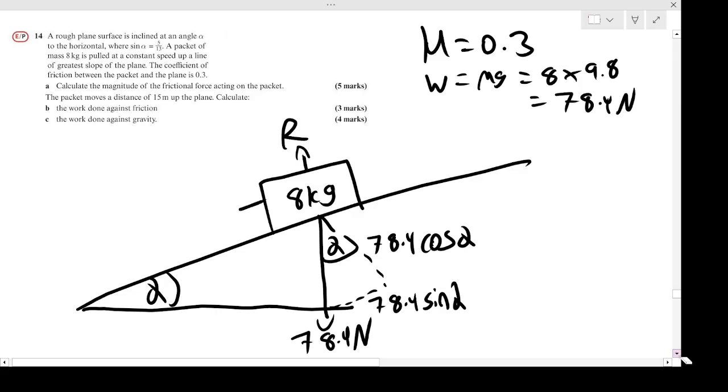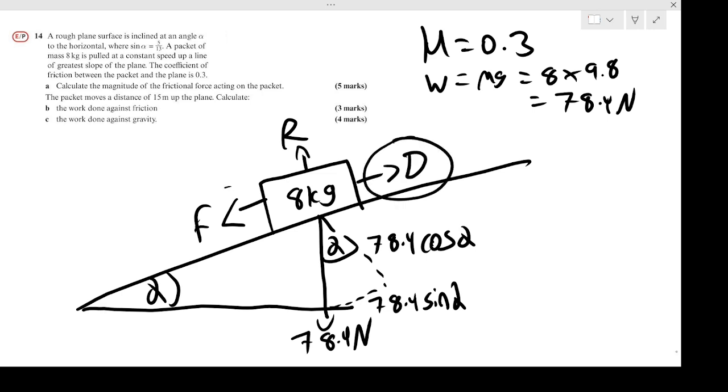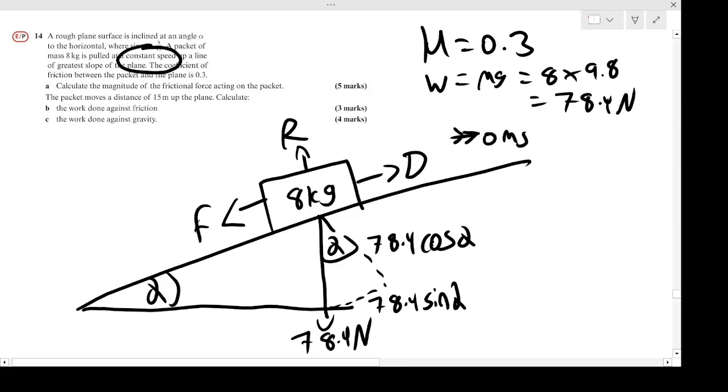That means the friction force is going to act down it, the opposite way. And it's being pulled up, so there's going to be a driving force pulling it up in this way. Those are all my forces. Now the acceleration, again, it's constant speed, so once again, that means the acceleration is 0. I think that's everything.